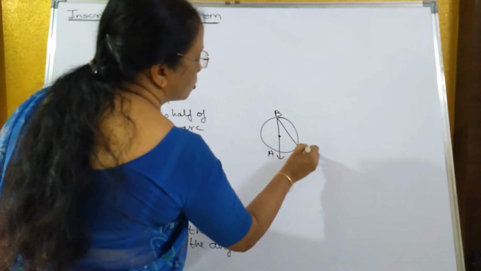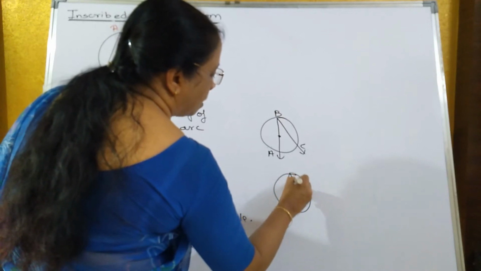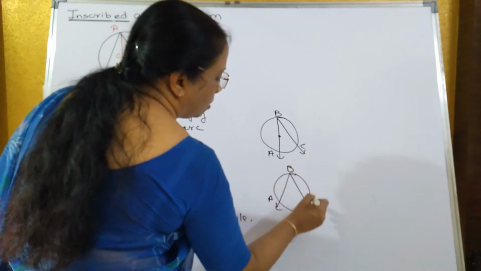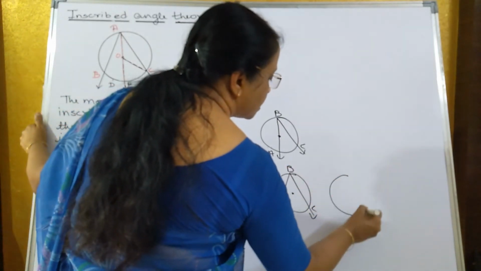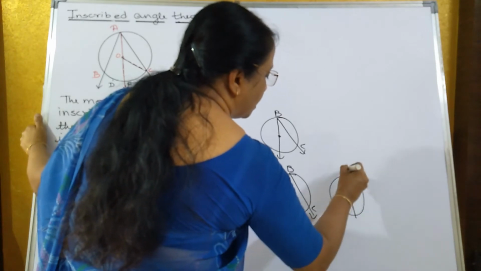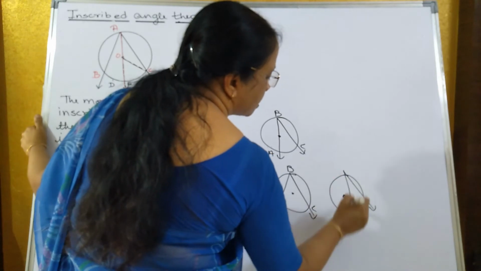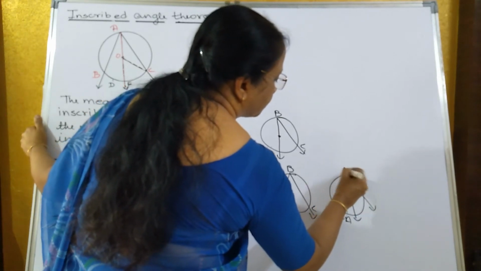Second case: the center lies in the interior of the inscribed angle. And the next one: if the center lies in the exterior of the inscribed angle. So if this is the center, there are three cases possible.